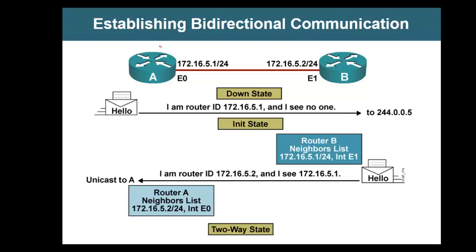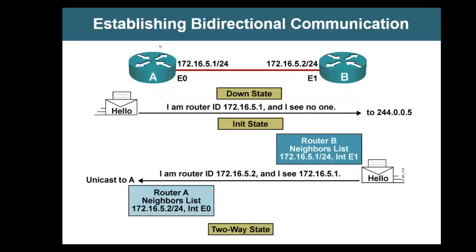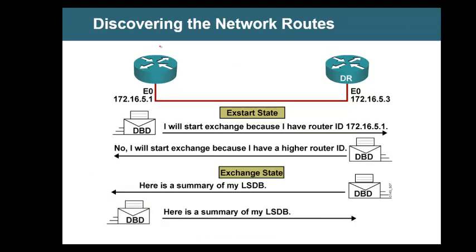Next. Discovering the network routes. So this is where they are going to exchange the DBD. Whatever router A knows, it will give to B, and whatever B knows, it is going to give to A, only after this two-way state. After this two-way state, immediately it won't give, it will decide who will initiate it. That is what is called exchange start state.